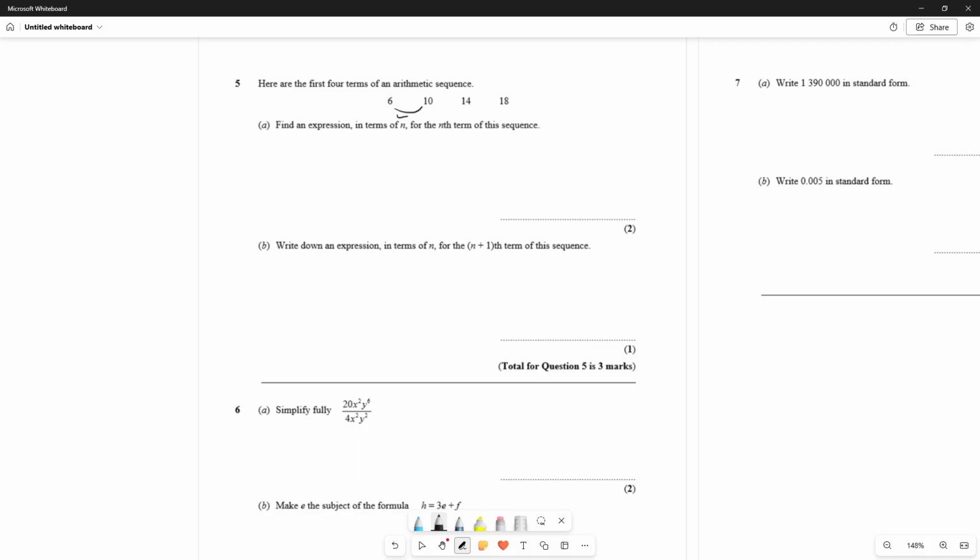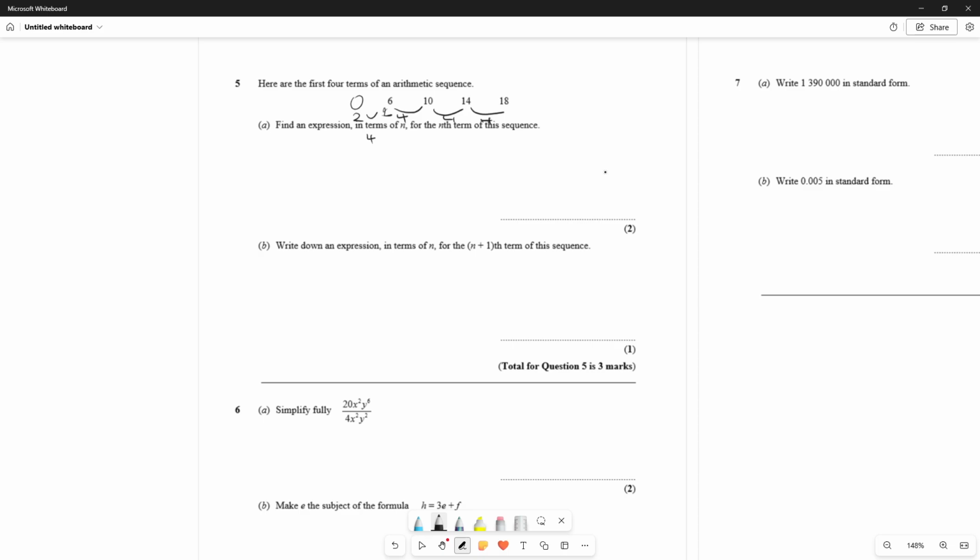Every single time, the next number increases by 4. But it does not start from 0. Where does it start from? Well, it starts from 2. If this is the first term, the 0th term would have to be 2, because you add 4 to get 6. Hopefully that makes sense.